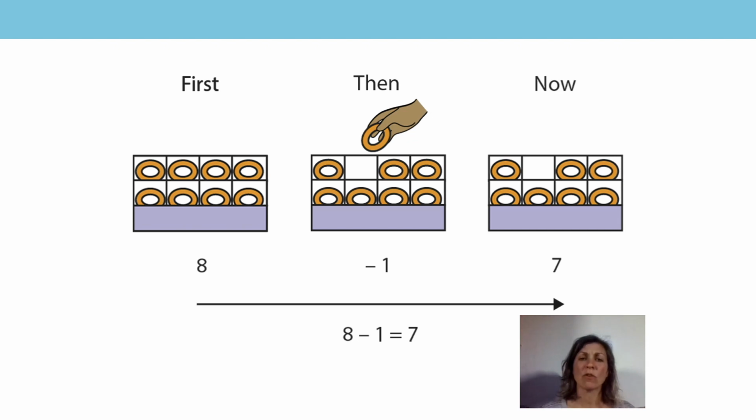And what does the 7 represent? The 7 represents how many donuts are left now. Did you notice something? I can see that when I subtract 1, the difference is 1 less than the minuend.